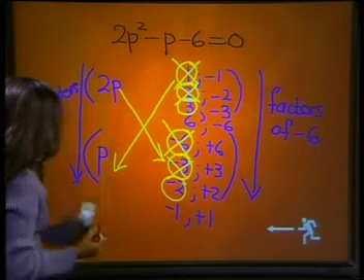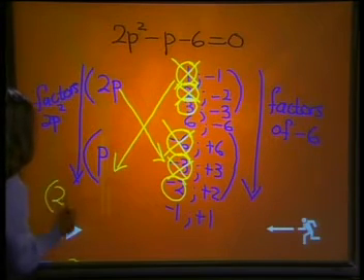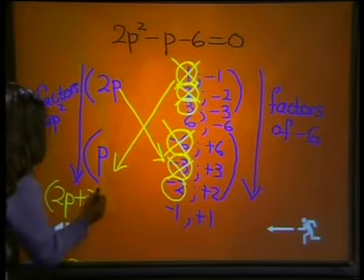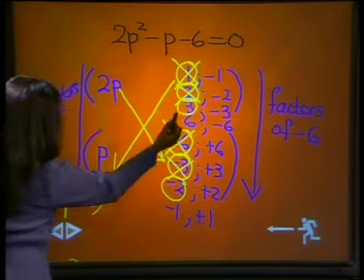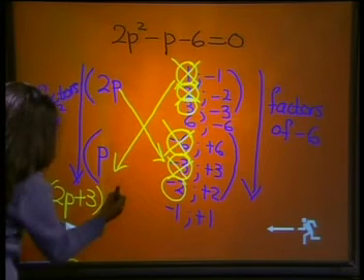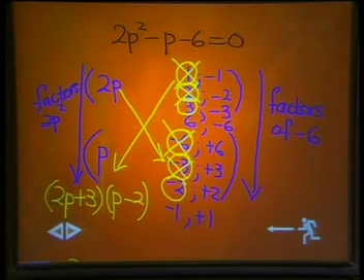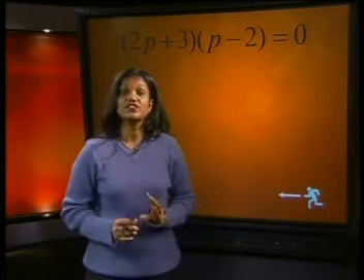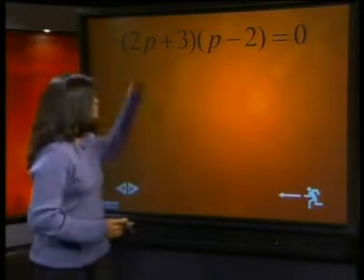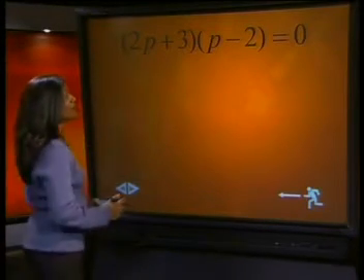Let's write that down. 2p plus 3, which you're reading from here, and p minus 2 coming from there. So these are our correct factors. Right, we have factorized the trinomial, so now we can say that 2p plus 3 multiplied by p minus 2 is equal to 0.